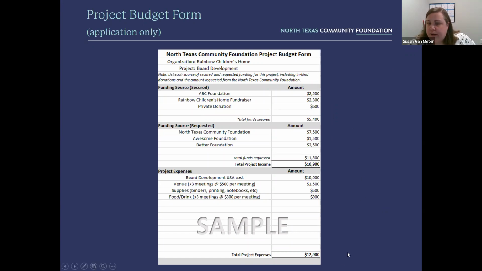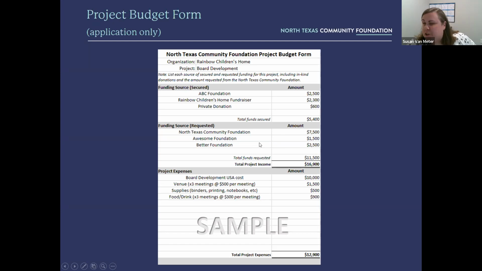So if you are needing $12,900 for your project, you're going to list the funds that you've already secured. And then in this section, you're going to list the funds that you are requesting. If you are requesting something from North Texas Community Foundation, how much are you requesting?